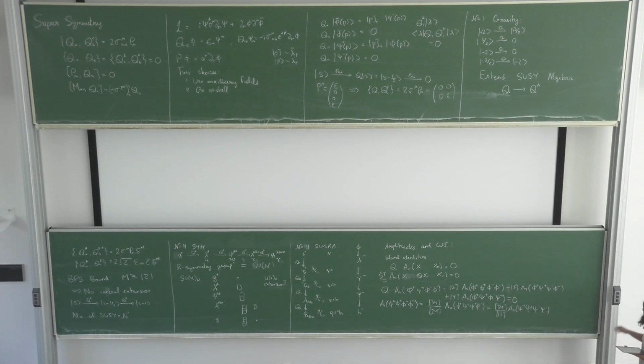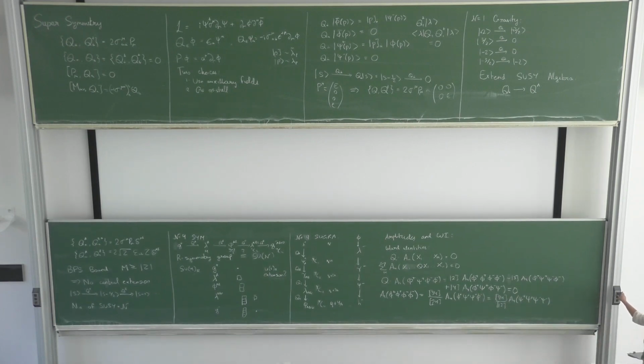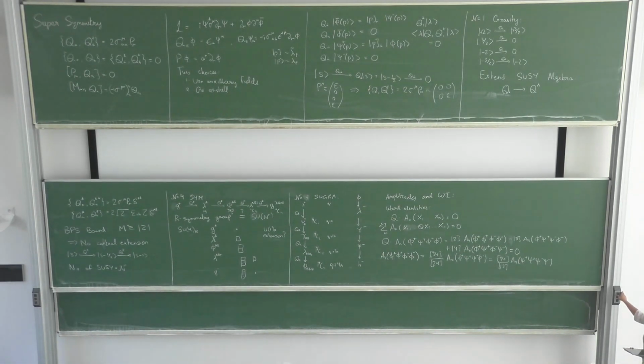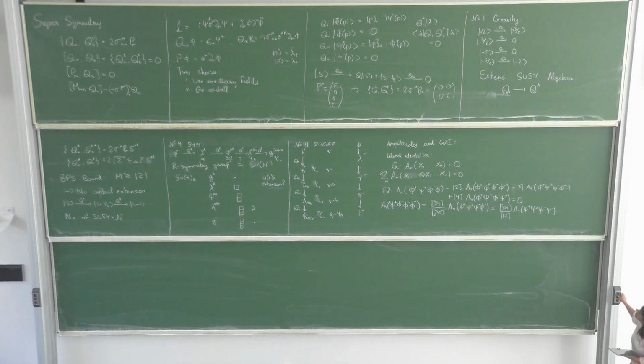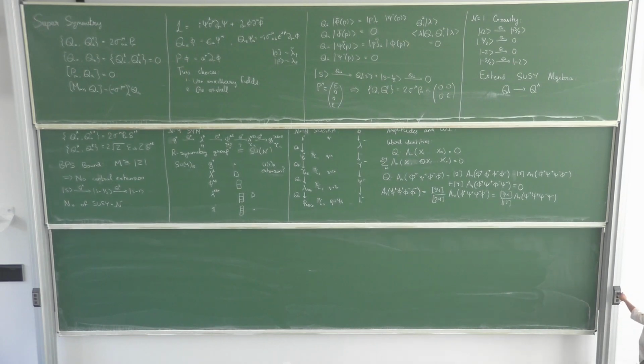So this should already give you a hint that what we should be doing when we're thinking about supersymmetry is not thinking about individual amplitudes, but thinking about groups of amplitudes that satisfy Ward identities in this way, right? So it doesn't make sense to say, does this 4 scalar amplitude satisfy supersymmetry? It makes sense to say, does this set of amplitudes satisfy supersymmetry?